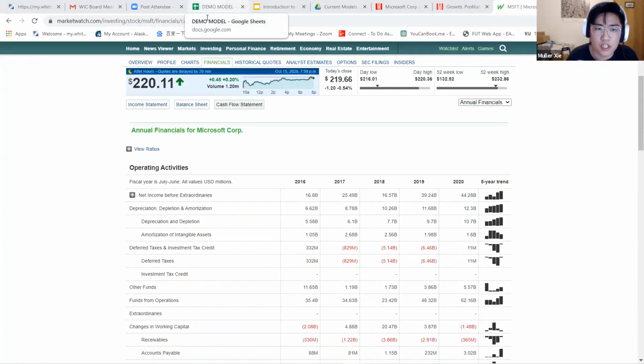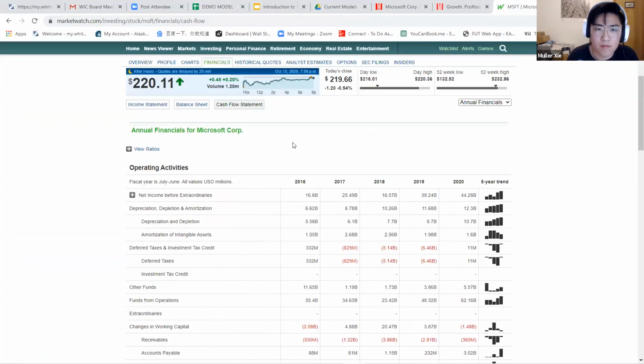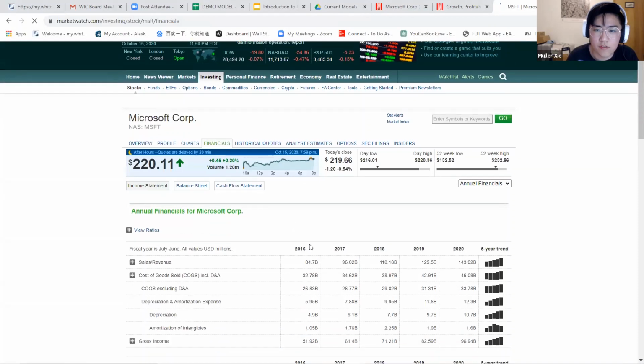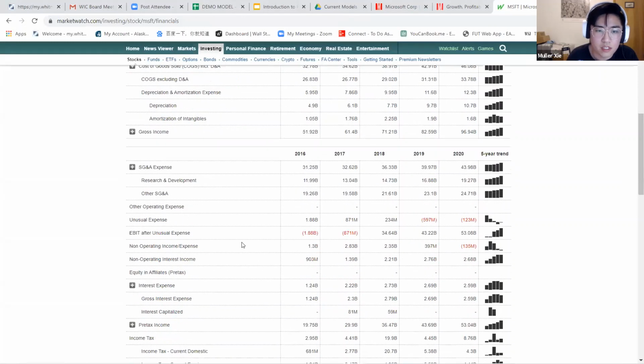If you meet such a situation, you can just type 0 in the research and development box here. But for some tech companies like Microsoft, they list their research and development expense in their income statement and cash flow statement. So I will just find the data in the income statement here.